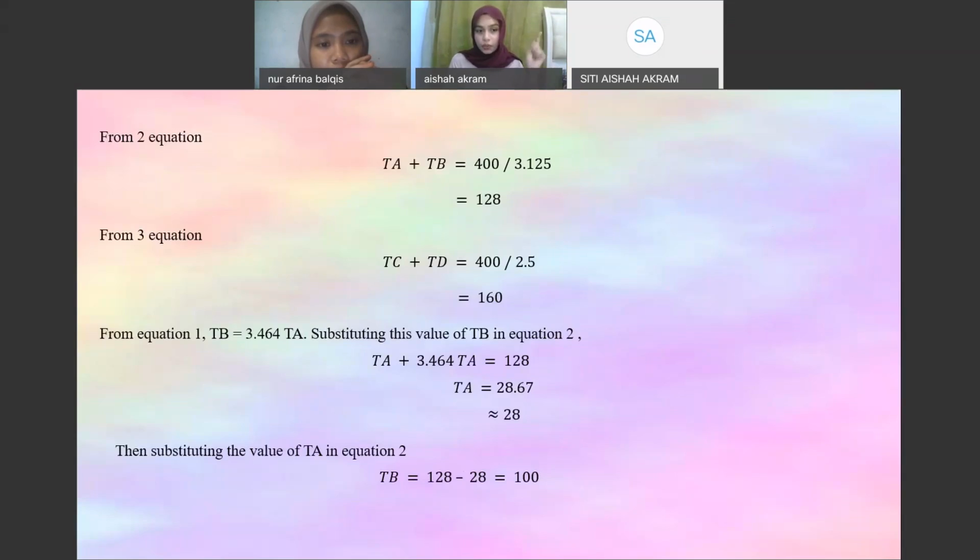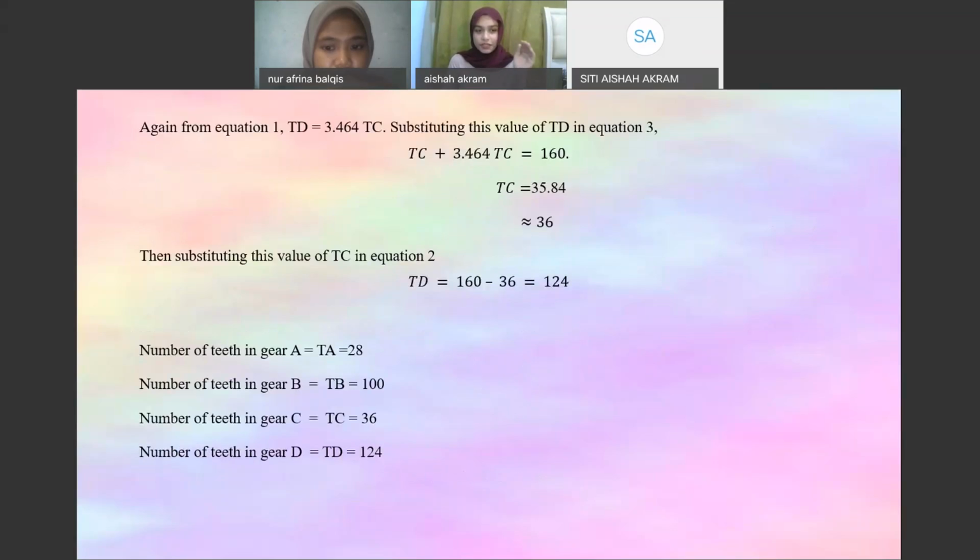So from equation 1, we substitute the value of TB in equation 2 and we get the value of TA, which is 28. Next, we substitute the value of TA that we got from above into equation 2 and we get the value of TB.